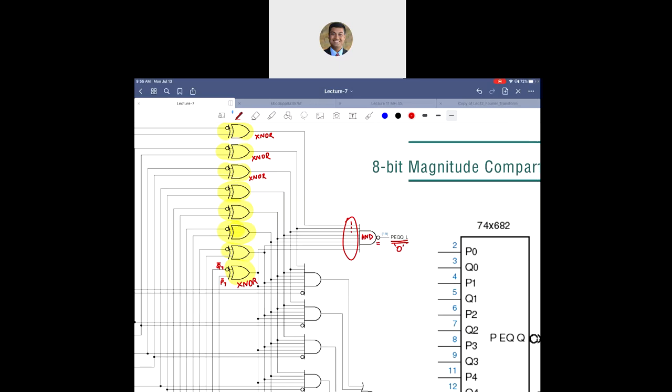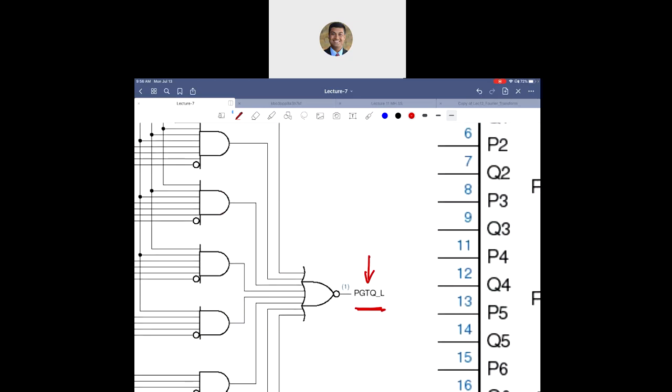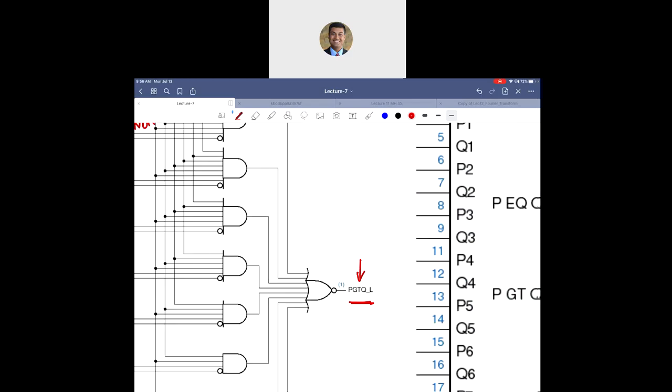Now coming to the next part of P greater than Q, right? This is P greater than Q now. And we have already established that you only need two outputs, equal and greater than. Using these two, you can generate the rest. So for that, what do you need? I go back to show you the pattern.